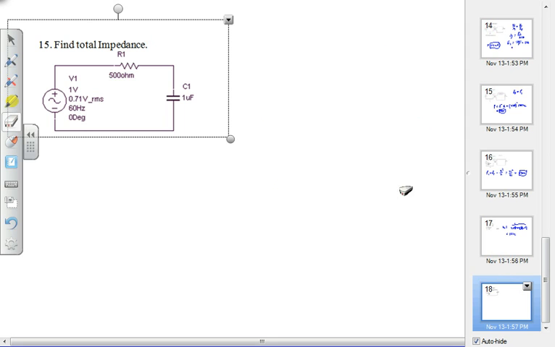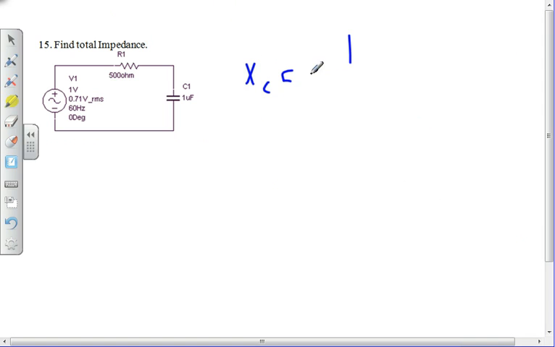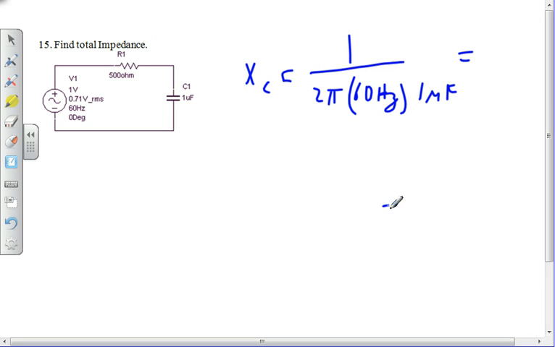Find the total impedance. First of all, we need to find X of C. X of C is 1 over 2 pi 60 hertz times 1 microfarad. It's not going to be very much, is it? Oh, it might be. 2 times pi times 60 times 1 E minus 6, then 1 over that, equals 265 ohms.